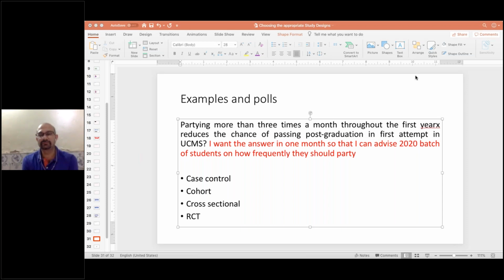Sir, during matching, if we are trying to match more than one variable, and we are not able to do equal distribution of the variables in our cases and controls, then how will we divide the population into cases and controls?